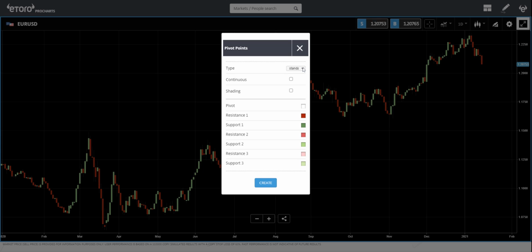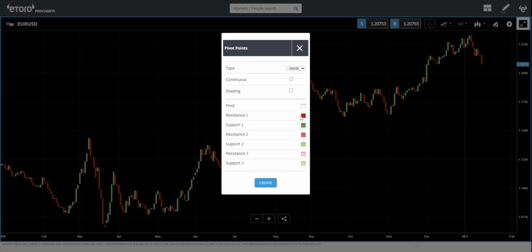As you may know, I'm a fan of Fibonacci, but I'm using Fibonacci by itself, and it's a very good indicator for finding support and resistance anyway. But because now we are talking about the pivot point indicator, I'm just leaving this as standard. You can change the colors to whatever color you want, but the preset colors look good.